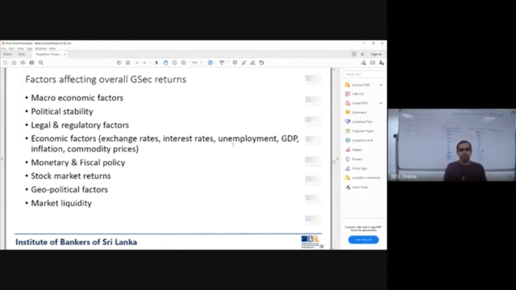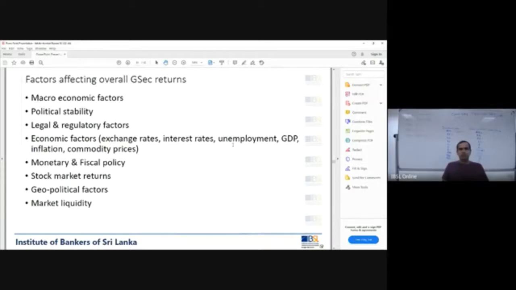Likewise, legal and regulatory factors. What are the legal guys doing? What are regulators doing? Are they trying to bring down interest rates, push up interest rates? Economic factors, GDP growth, unemployment, exchange rates, commodity prices, right?